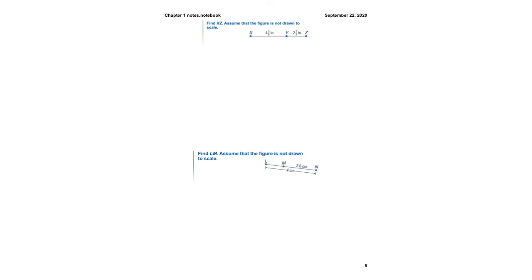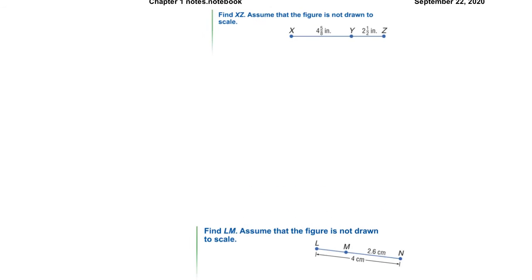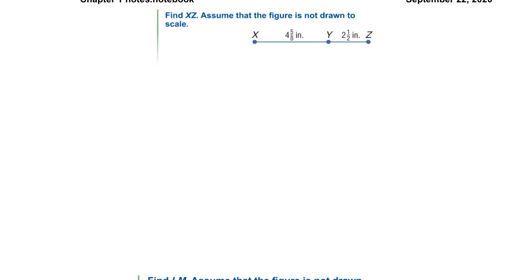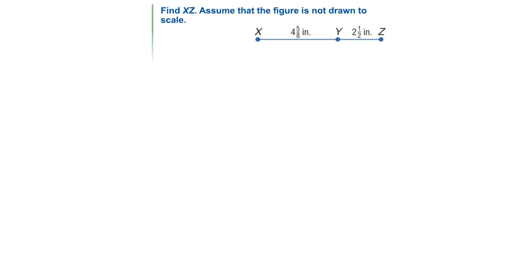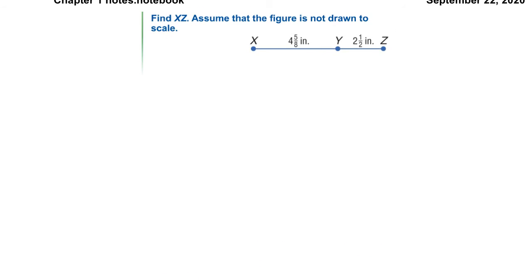Okay, so now let's take a look at one example. Find the length of segment xz. Assume that the figure is not drawn to the scale. What does this mean? If you technically take a ruler and measure the segment, it doesn't have to be 4 5/8 inches. So how do you calculate the length of segment xz?